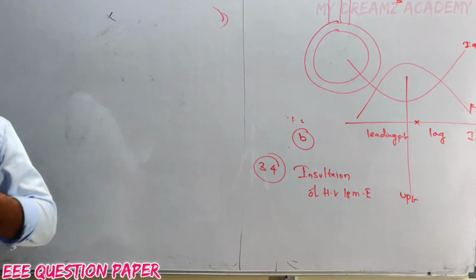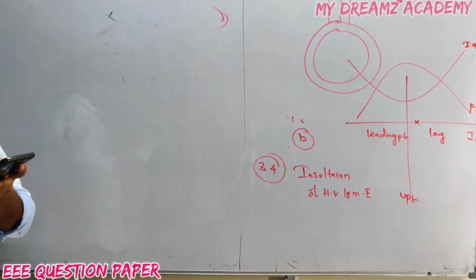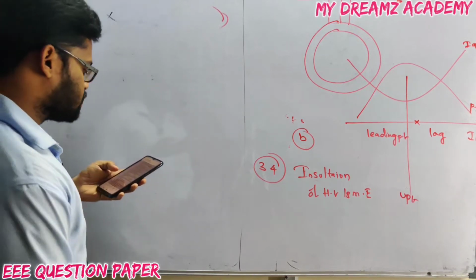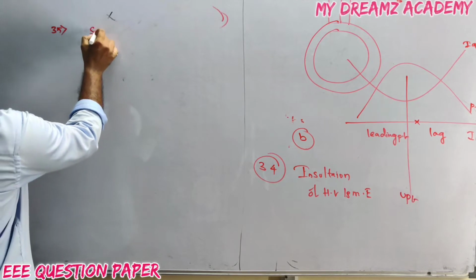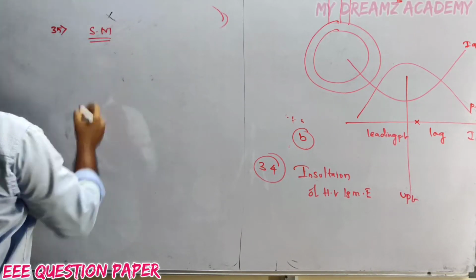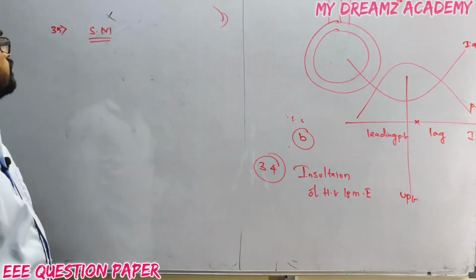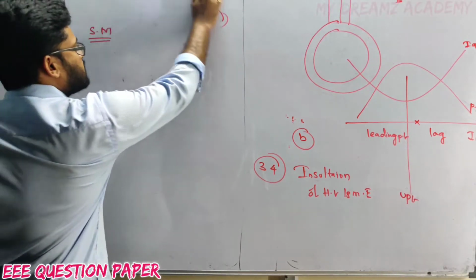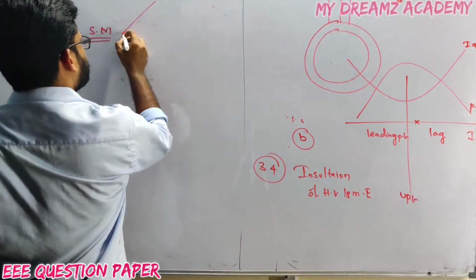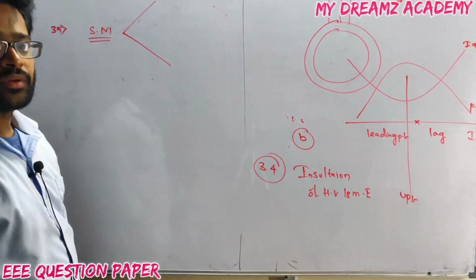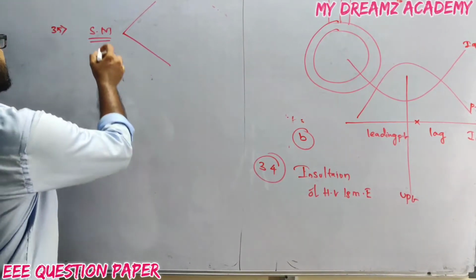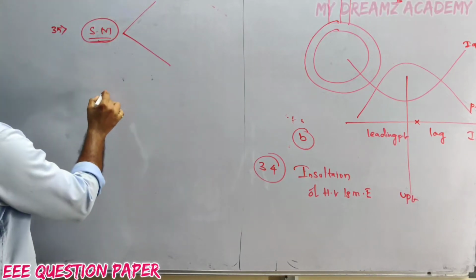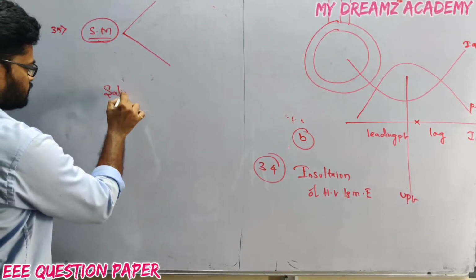Synchronous motors. In general, synchronous machines are of two types: one is salient pole, another one is round rotor. Generally the synchronous motor uses a salient pole synchronous motor.